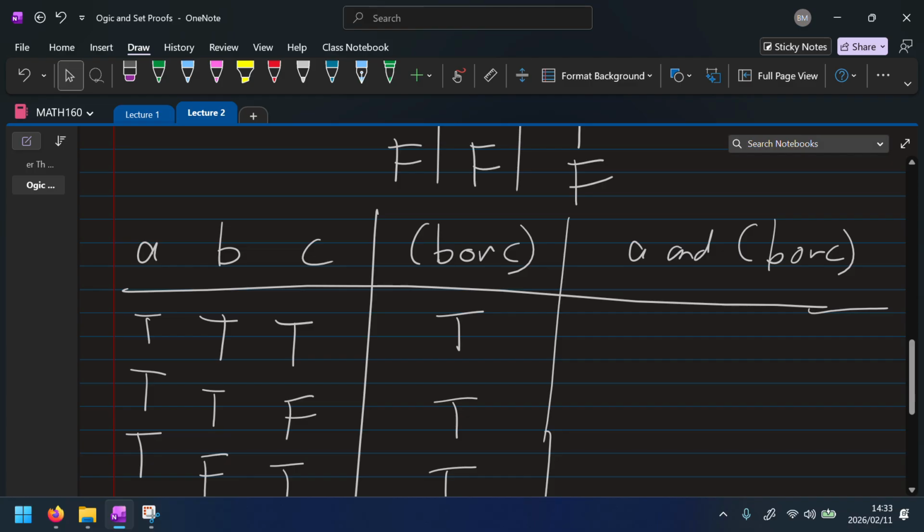Next, we're going to look at the combination of what we've done. So that's the full expression A and B or C. Now that B or C we've already done, so we don't need to worry about that. So we're looking at A, that first one, and the last one that we did. We're going to AND them. True for the first one, and true for the second one. True.